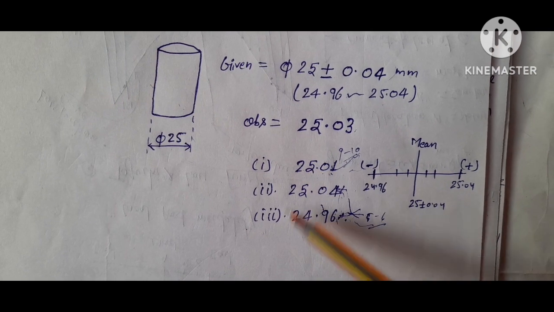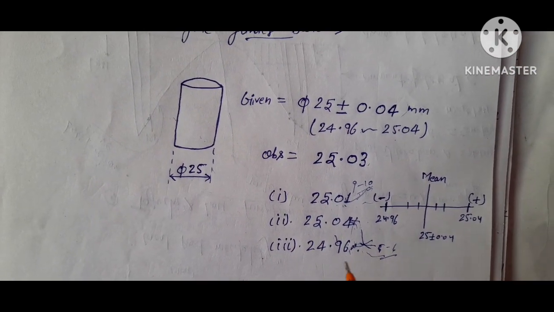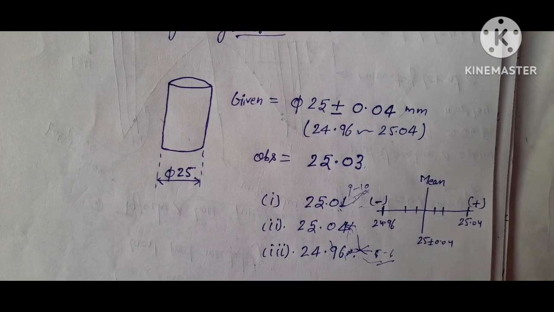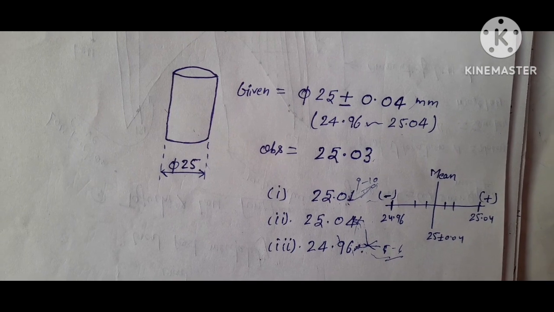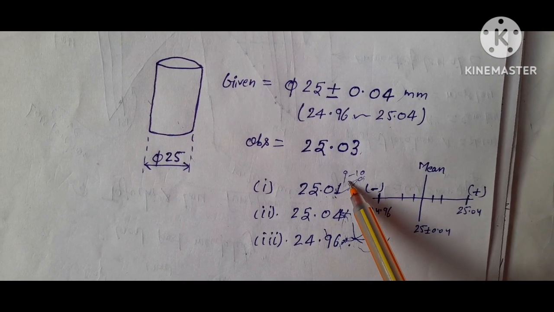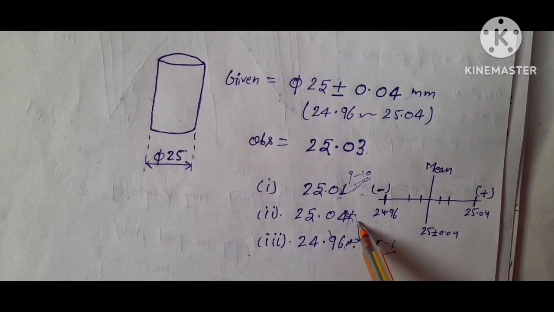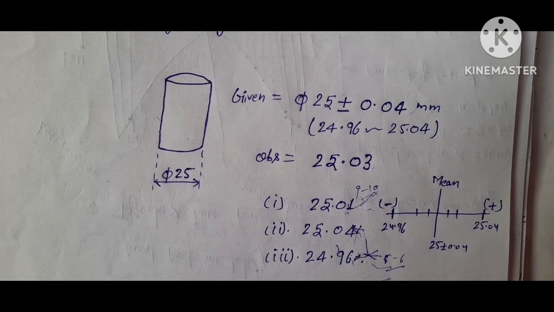These three cylinder bores are all acceptable, but this is known as goal post mentality, because our target is achieved, yet at the customer end some bores are replaced much earlier than others.